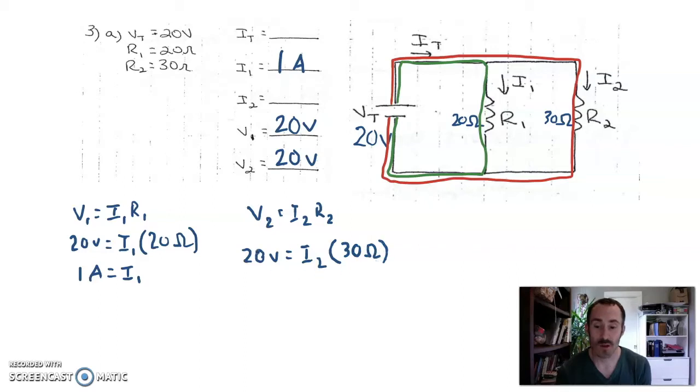And so when we do 20 divided by 30, that's 2/3, or 0.6 repeating. And so I'm going to write in 2/3 of an amp, because fractions are your friends, but you are very welcome to just write in 0.67, that's totally fine. 2/3 of an amp is I2.